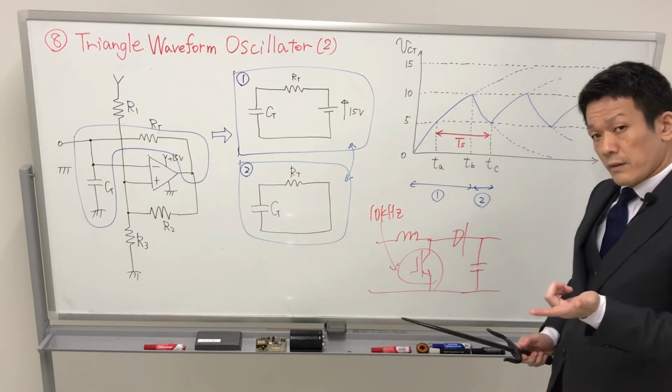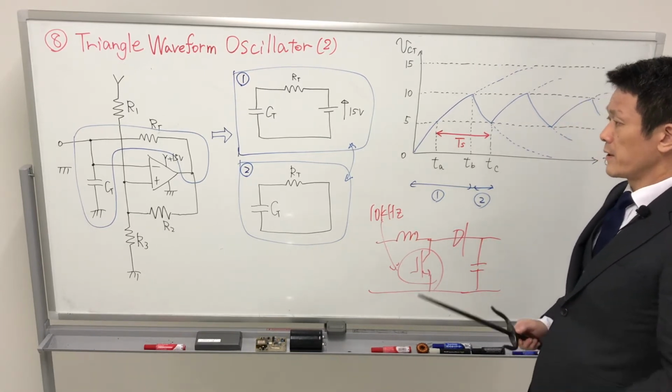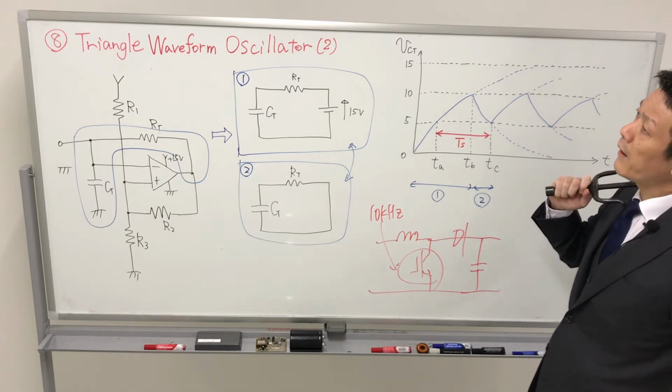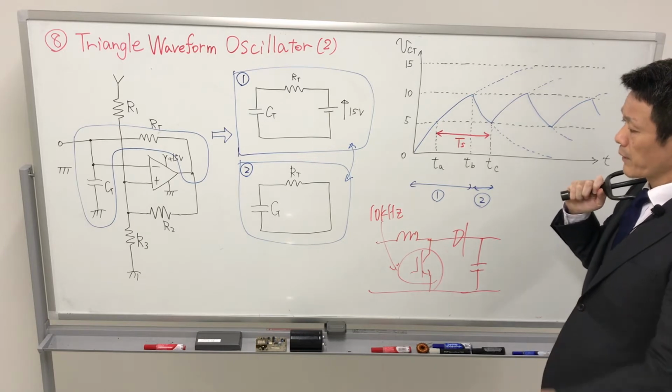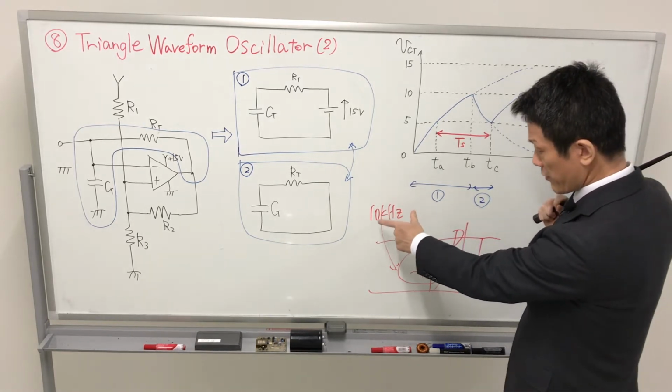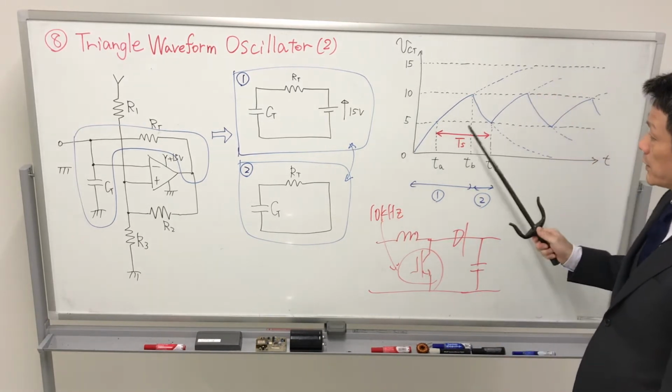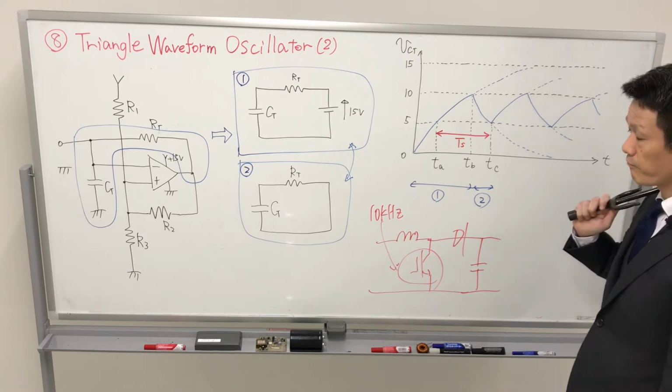You know, we have already mentioned this in the PWM control lecture. This switching frequency decides this triangle waveform.